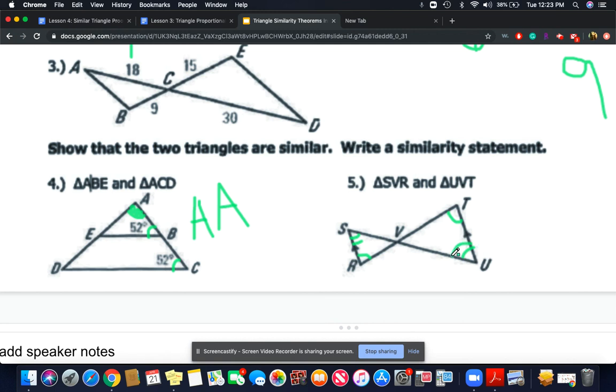They're another pair of alternate interior angles. I got this just from looking at the diagram. I had something parallel, it was a bow tie, alternate interior. I also could have used vertical angles that happen at the center there. No matter what way you cut it, angle-angle similarity is what's going on here.